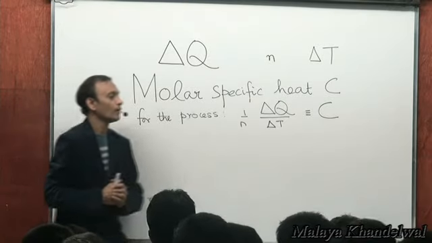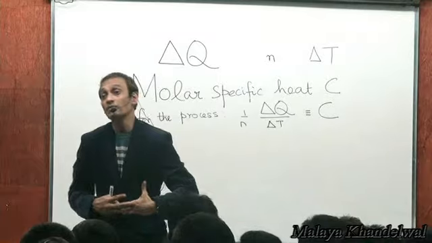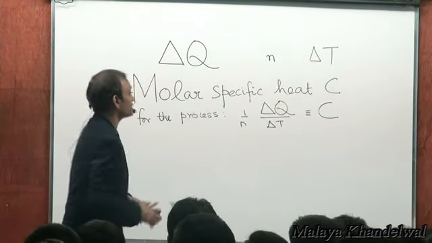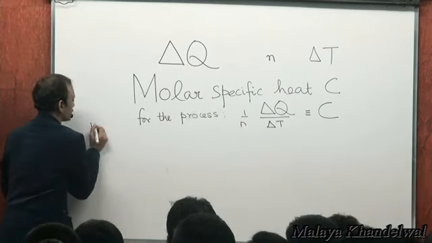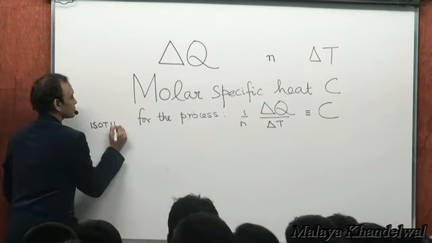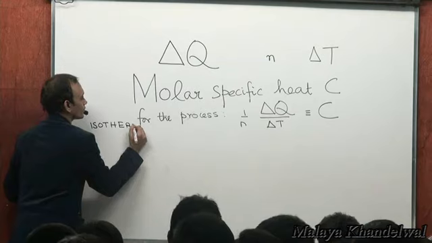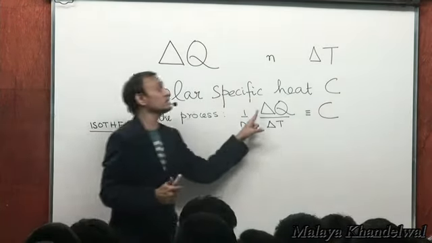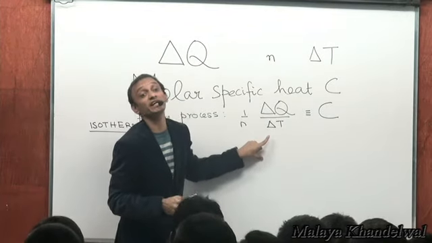Now, for some of the elementary processes that we have looked at, for example, an isothermal process. For an isothermal process, delta Q is non-zero, but delta T is 0.